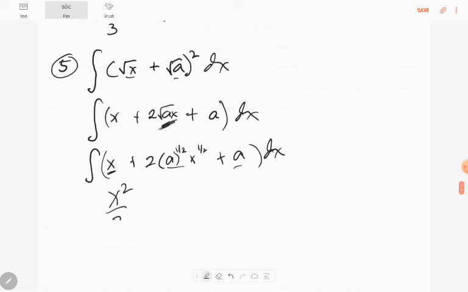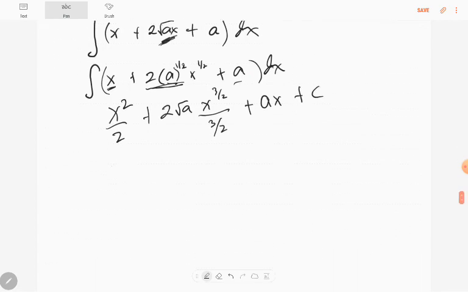This is x squared over 2 plus, treat this as constant, so it's like you got 2 square root of a times x raised to 3 halves over 3 halves plus a. What's the integral of a? Integral of a constant, okay, that's ax plus c.